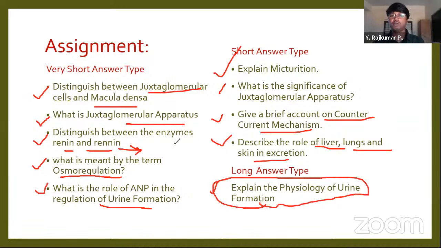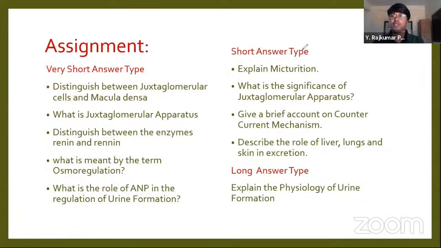You have to write all these answers in a separate book and send pictures to your respective subject teachers. They will monitor the class, see the pictures that you send, and note down your marks.